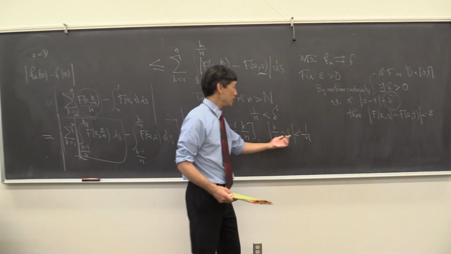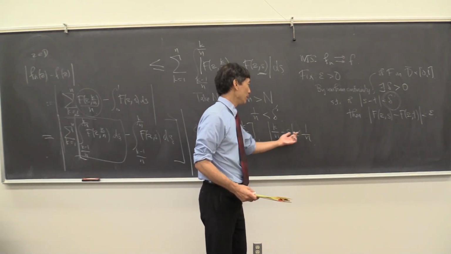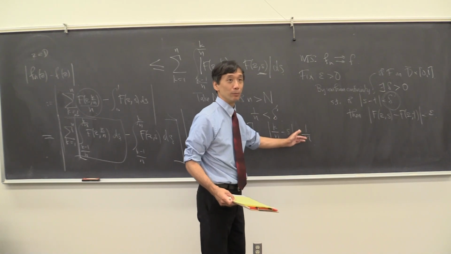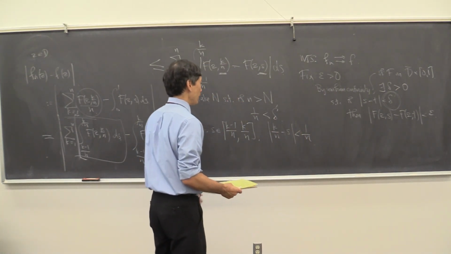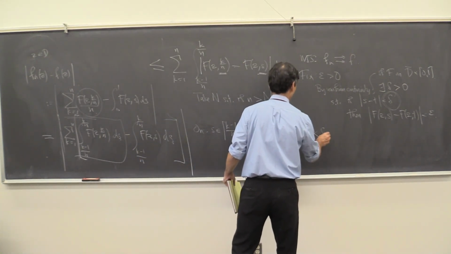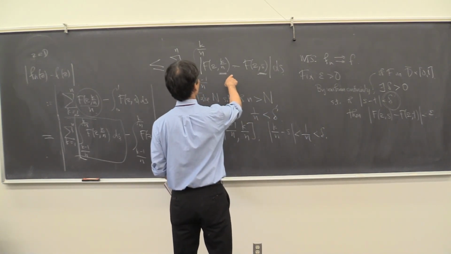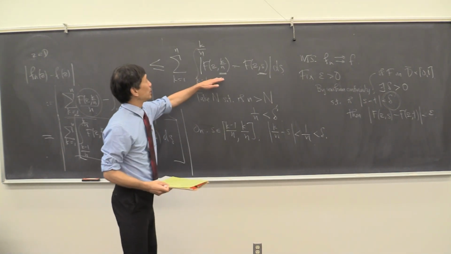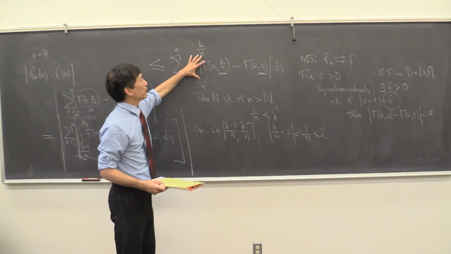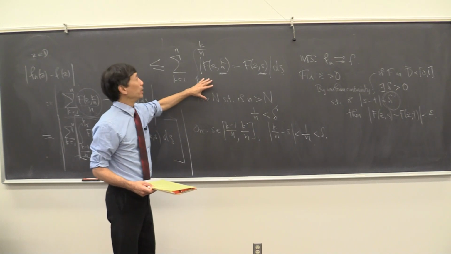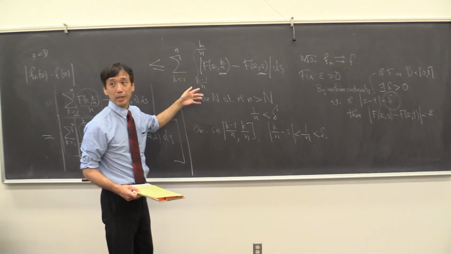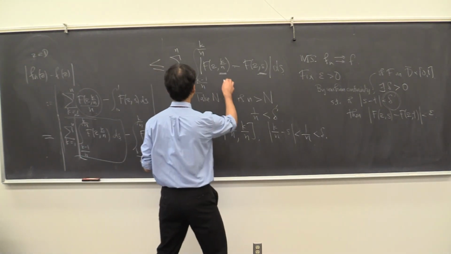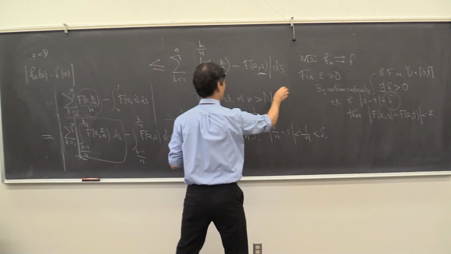So the distance between s and one of the endpoints is less than 1 over n, which is less than delta, which tells us that this thing is less than epsilon. We're integrating it over this interval, so we get epsilon over n. There are n of them, so we get n epsilons over n, which is epsilon.